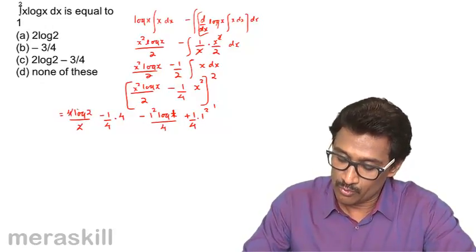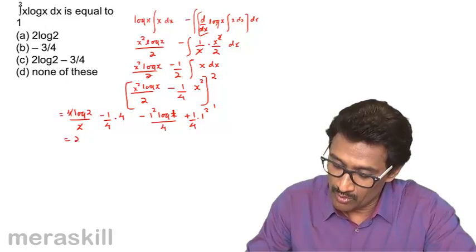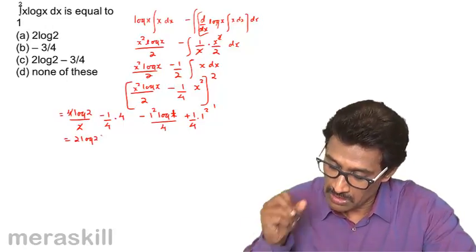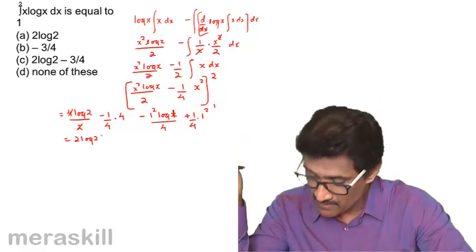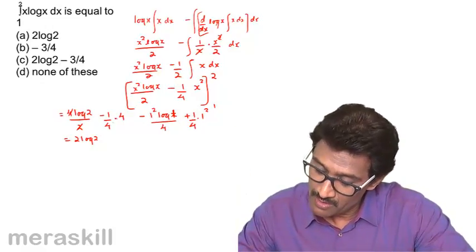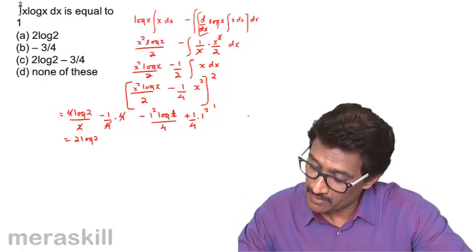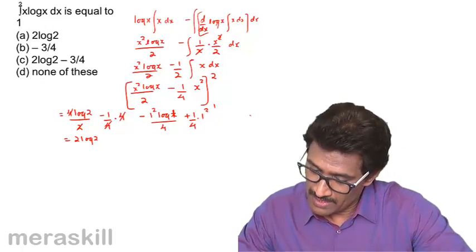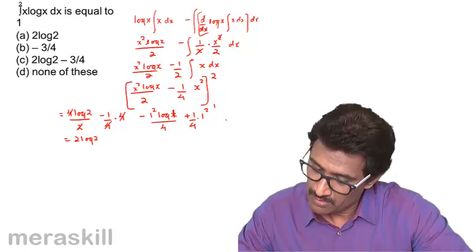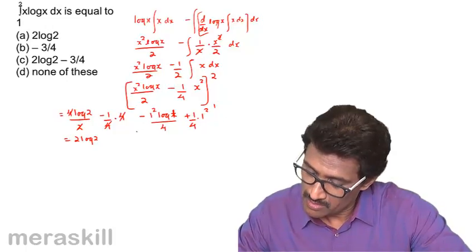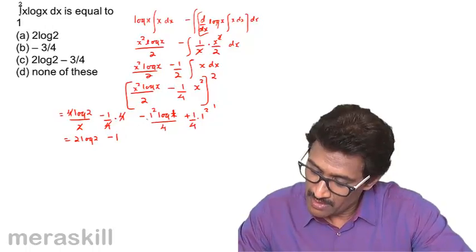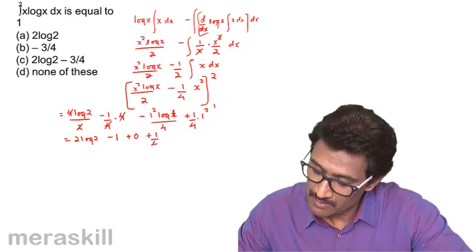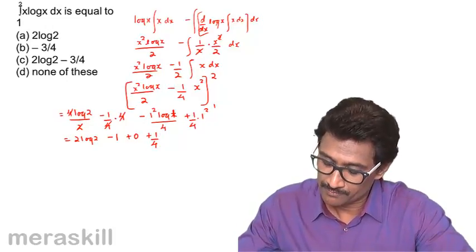Now this will become 2 log 2, and this is going to be minus 1, and log 1 is 0, and this is going to be plus 1 by 4.